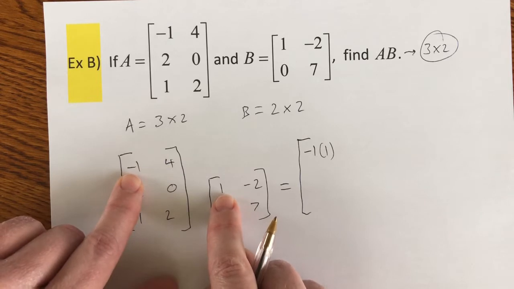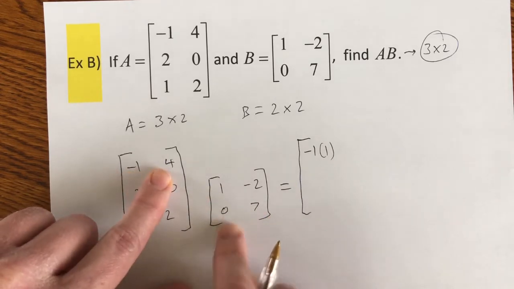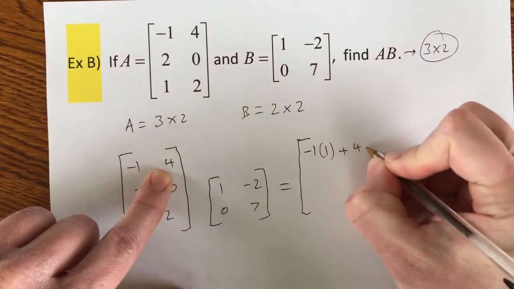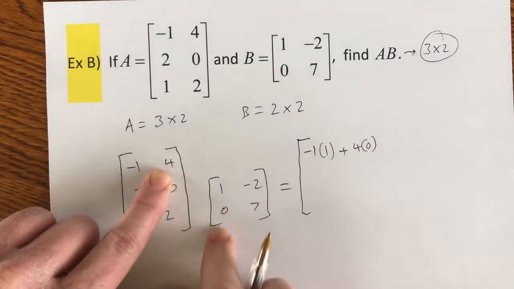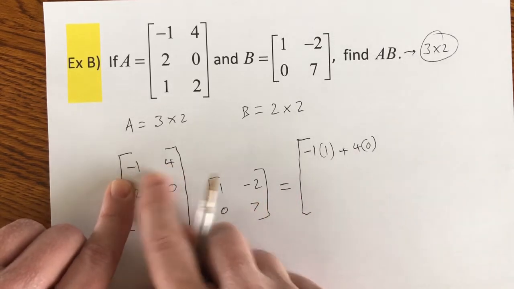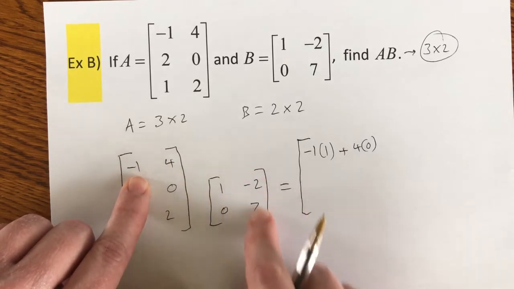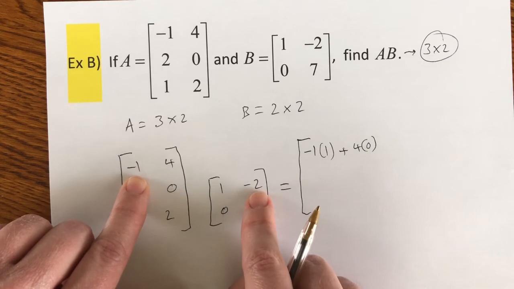So we just did -1 times 1. Now we move in both, and we get plus 4 times 0. Finished with this first column in matrix B. So now we stay in row 1 in matrix A, and we move to the second column in matrix B, and we repeat the process.